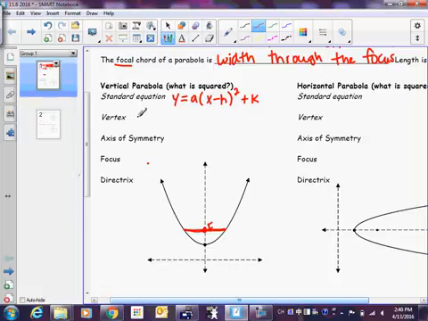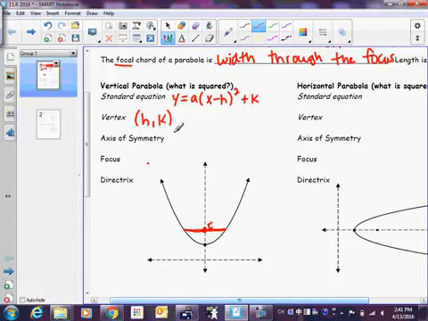So the vertex is going to be hk. Now, remember with center, for h and k, we change the sign. You only do that with h here. See how this is x minus h? That's positive h right there. The k, though, remains the same. It's not in parentheses being squared. That may be how you remember that.